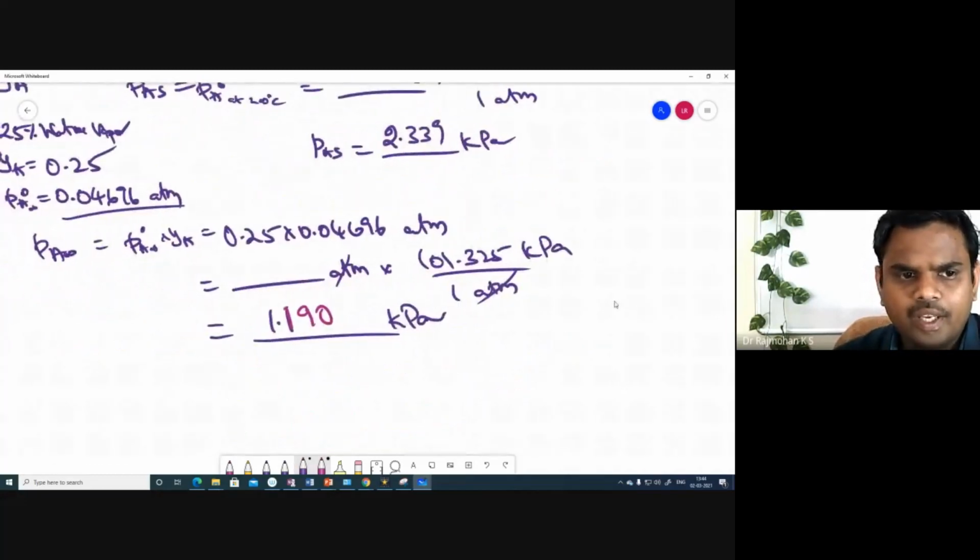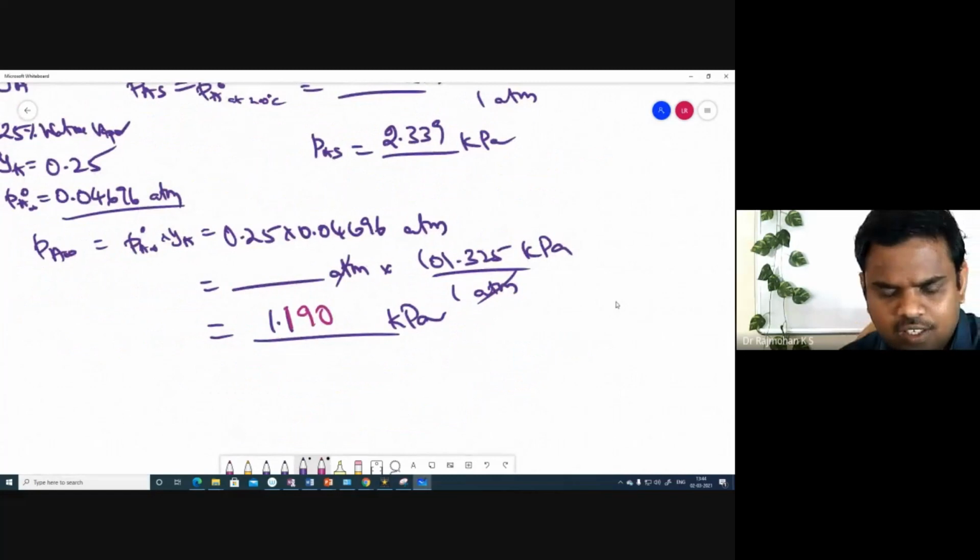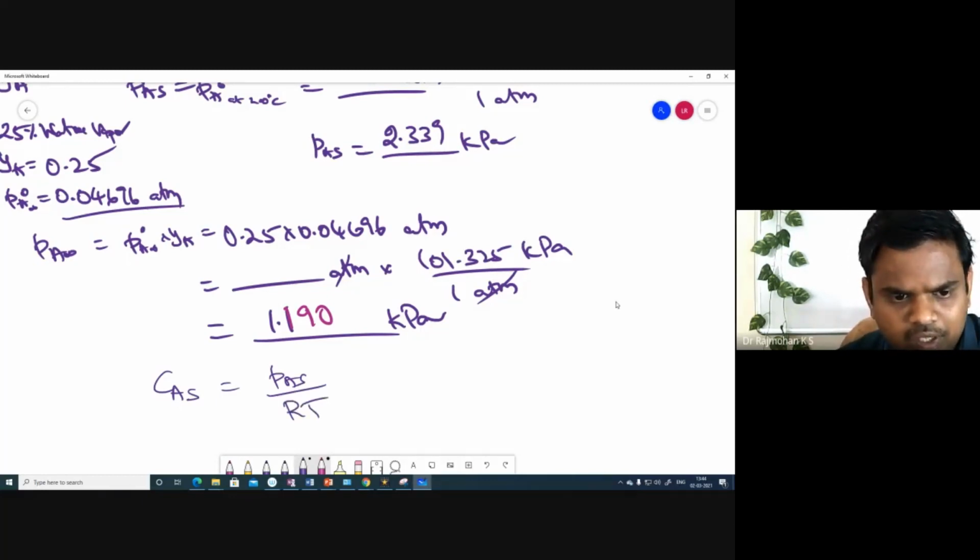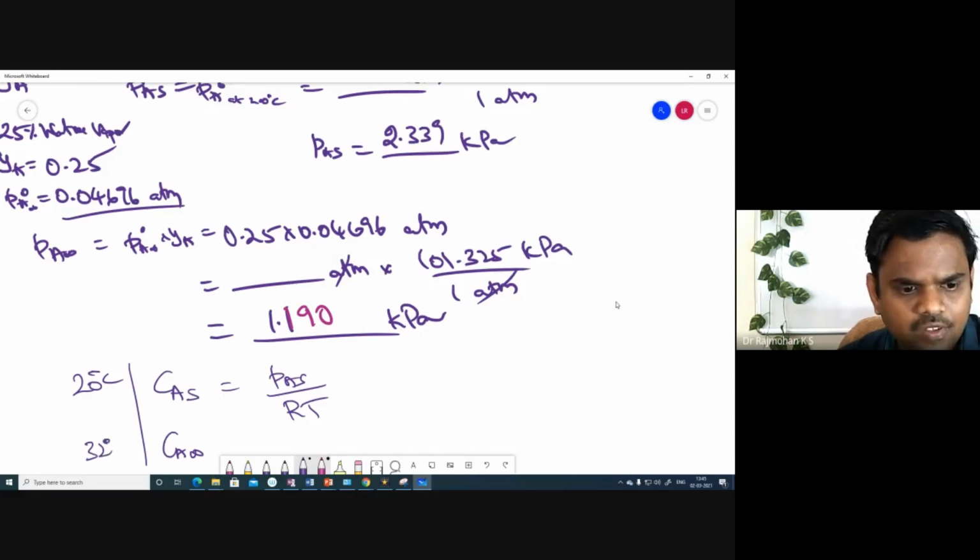Now we have PAS and PA infinity. They can easily be converted to CAS and CA infinity. CAS equal to P by RT, so CAS equal to PAS by RT. Remember this: at the surface we have a temperature of 20 degrees Celsius, and for CA infinity we have a temperature of 32 degrees Celsius.